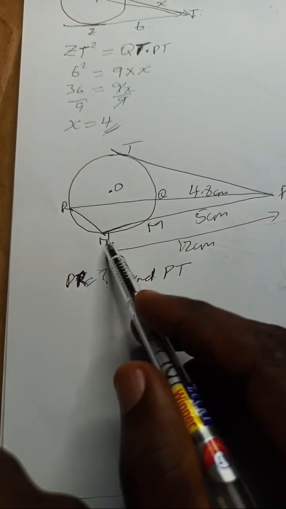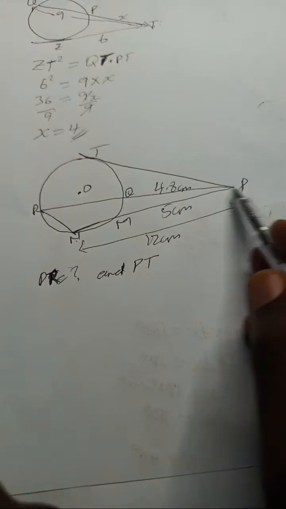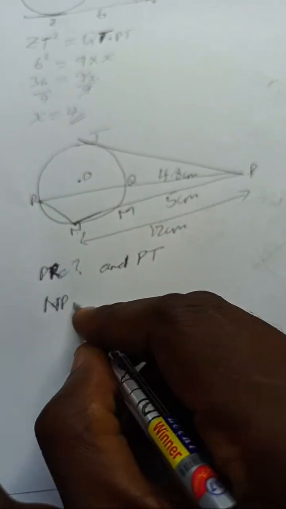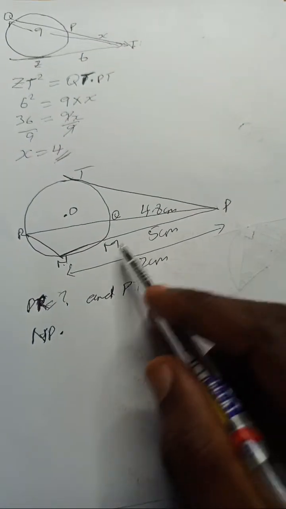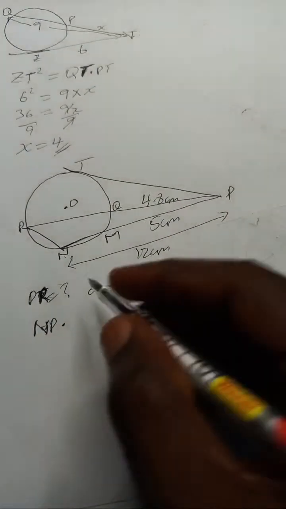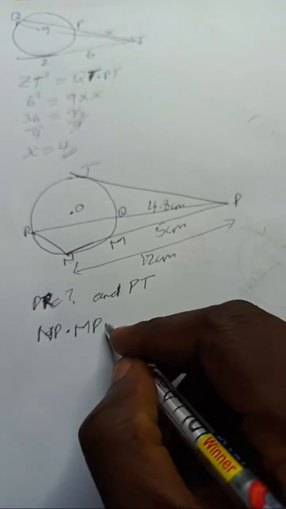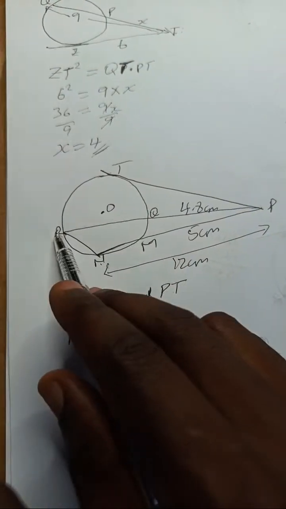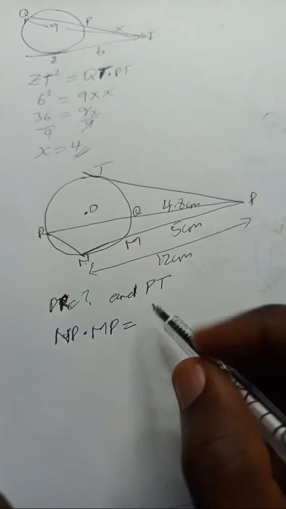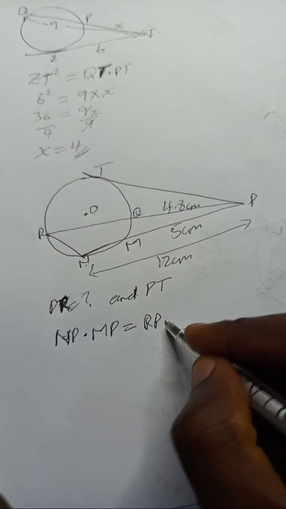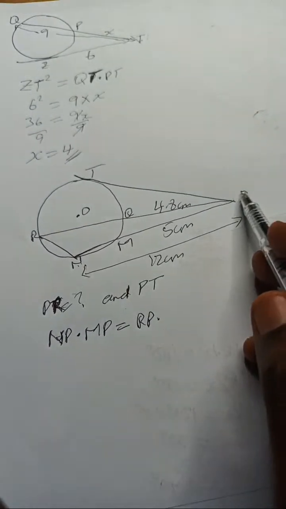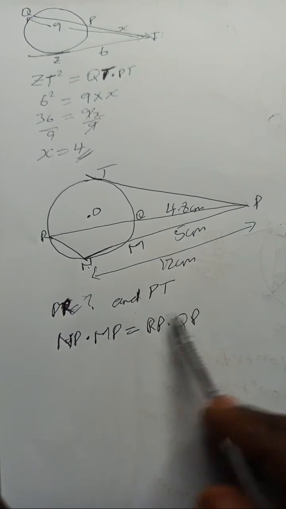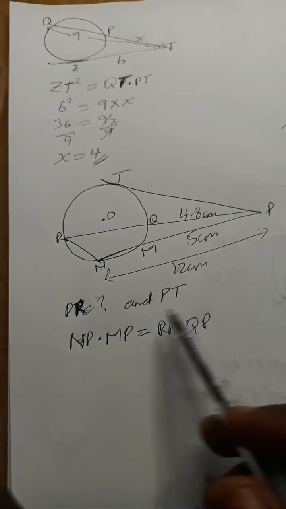So secant means NP, multiplied by MP, must give us, now, this is also a secant, RP multiplied by QP. Everything must relate to this QP.